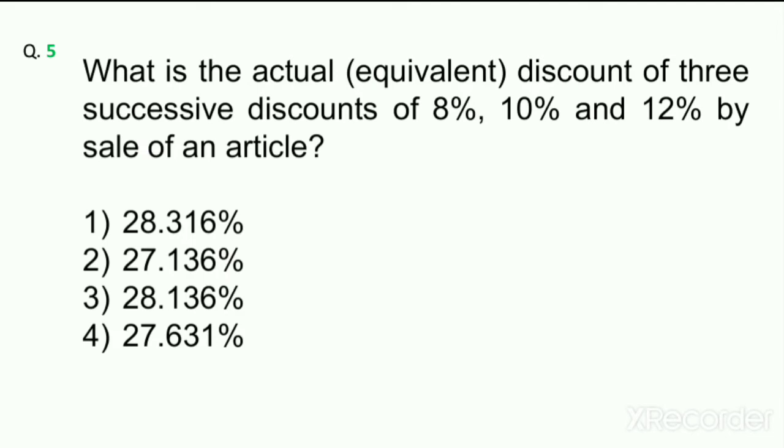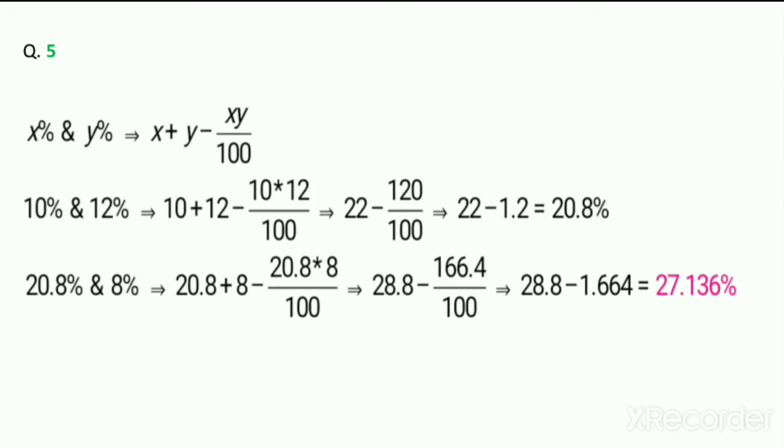What is the actual equivalent discount of three successive discounts of 8%, 10%, 12% on sale of an article? For this we have the formula for two discounts, to find the successive discount: x plus y minus xy by 100. This formula is for two successive discounts.